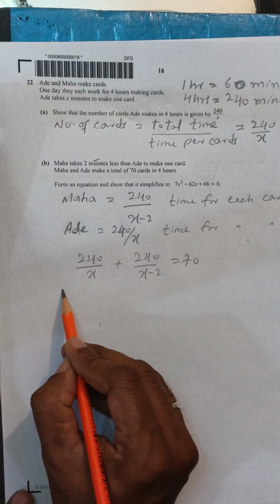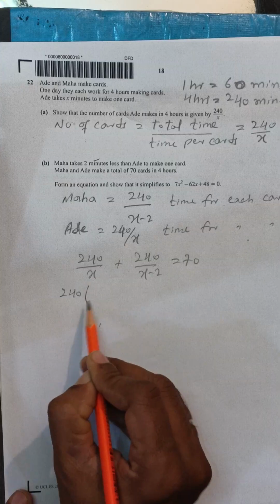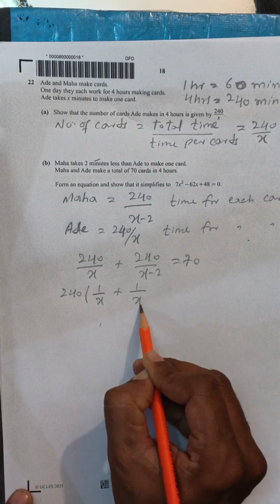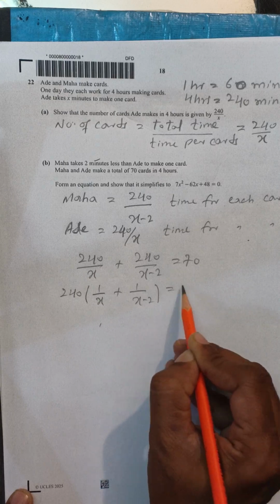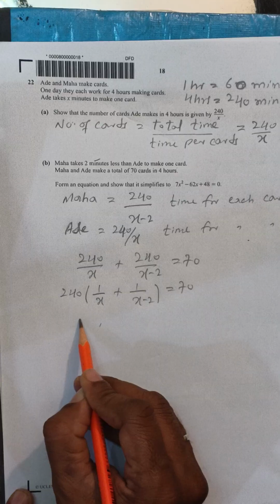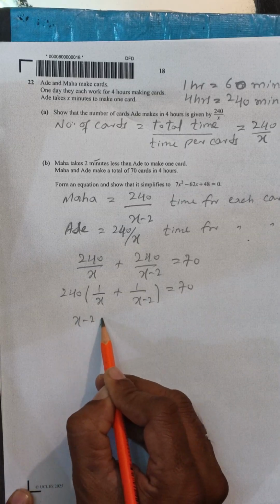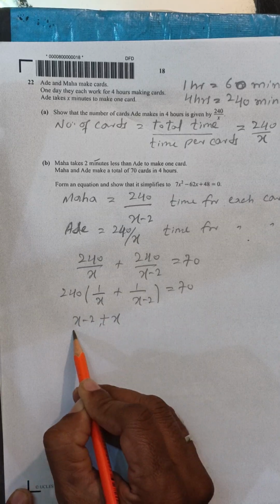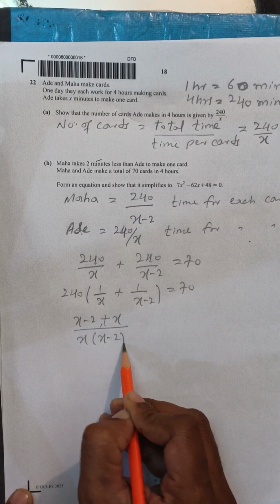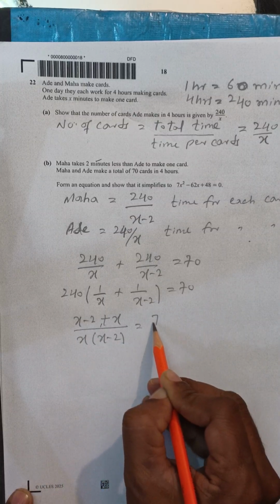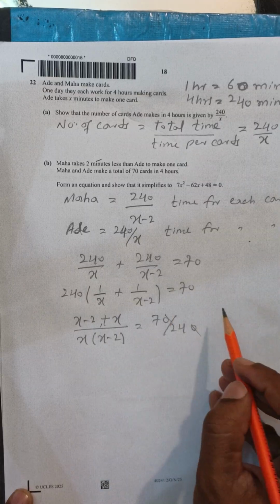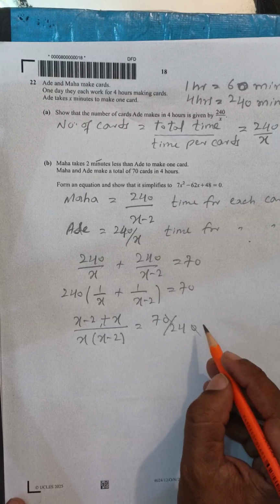Simplify it: first factor out 240, so it will be 1 over x plus 1 over x minus 2 equals 70 over 240. Now take the LCM: x minus 2 plus x divided by x into x minus 2 equals 70 divided by 240. The zeros cancel out, so it is 7 over 24.